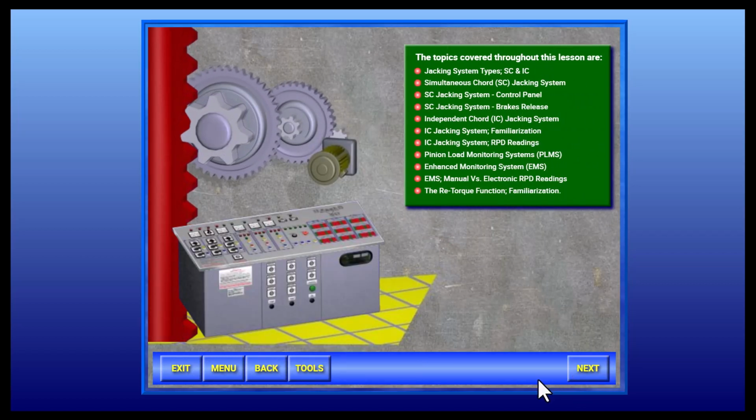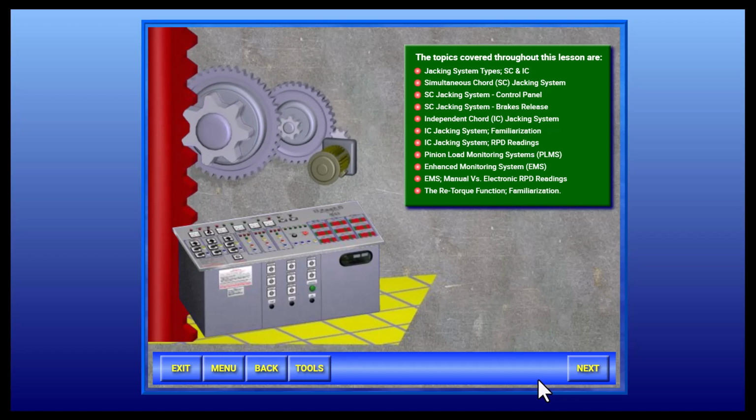The topics covered throughout lesson number 5 are jacking system types, SC and IC. Simultaneous cord, SC, jacking system. SC jacking system, control panel. SC jacking system, brakes release. Independent cord, IC, jacking system.